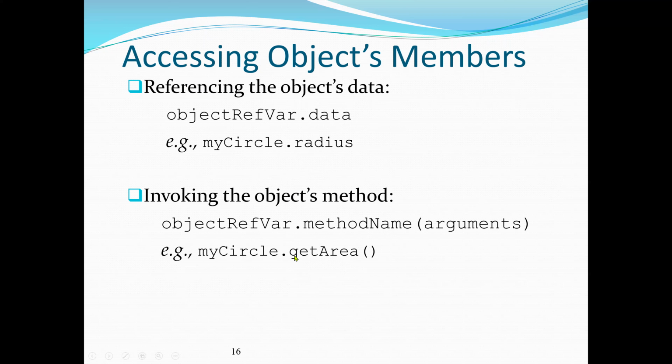I have an object named myCircle, which we created using the Circle class, so whatever the Circle class has, all the methods and data members, I can use them. So here we say myCircle.getArea(), because getArea is a method in the class named Circle, and we used the class name Circle to create our object named myCircle. So myCircle can use the getArea method.